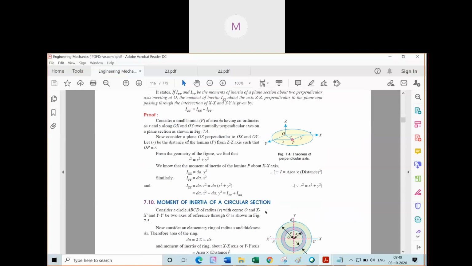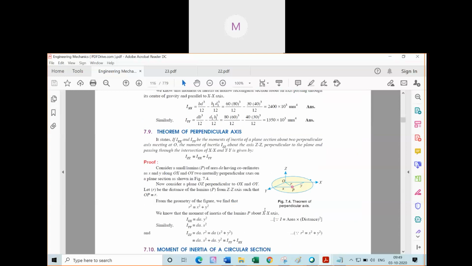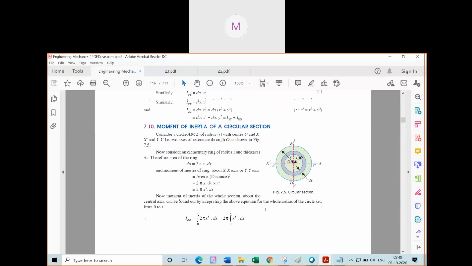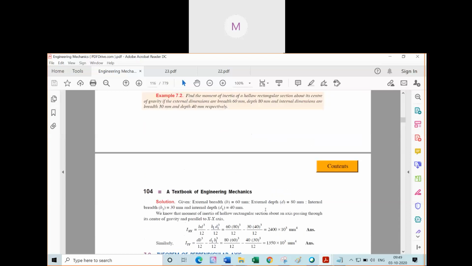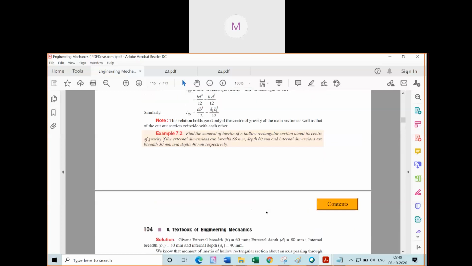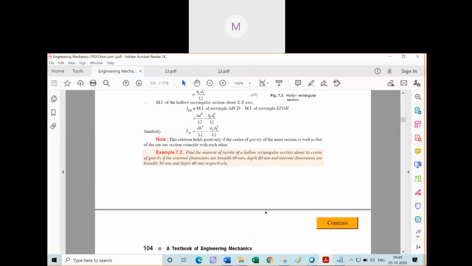Right? Or do you want to try the numerical of this hollow section also? Students, do you want to do a numerical again for a hollow section?